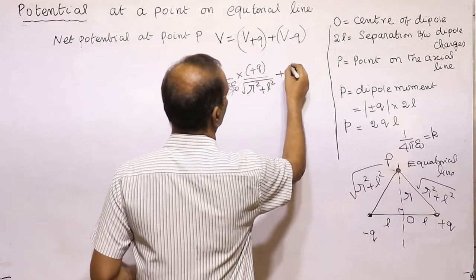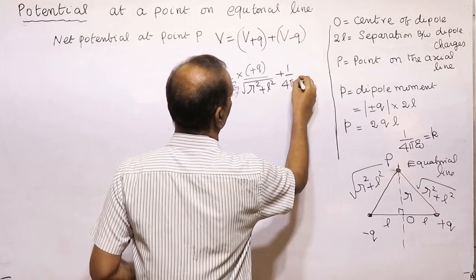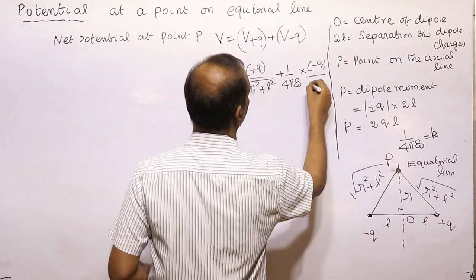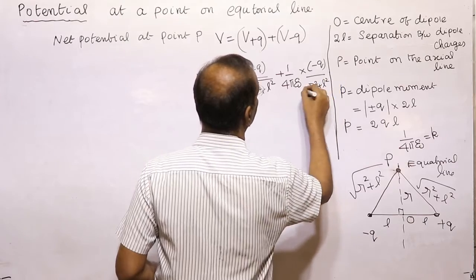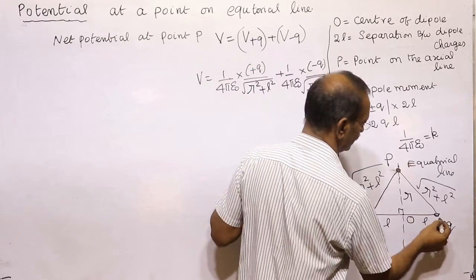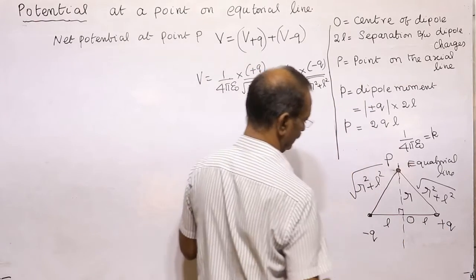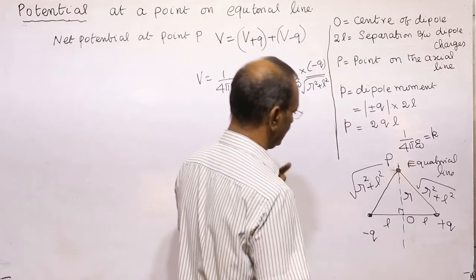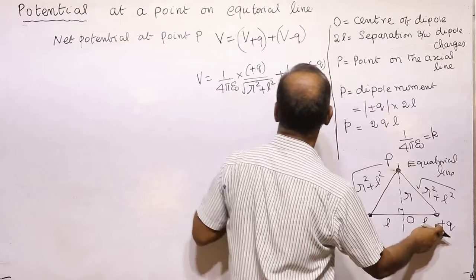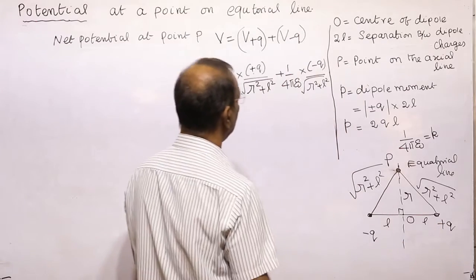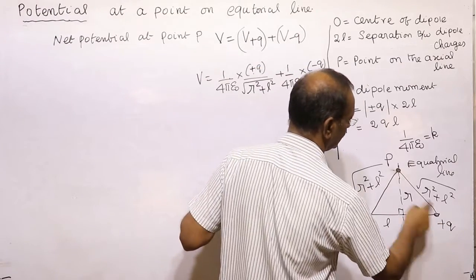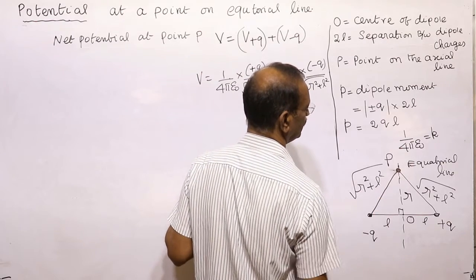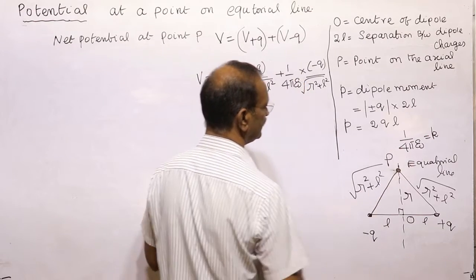Plus 1 by 4 pi epsilon naught into minus q divided by the square root of r square plus l square. That is, the potential due to each charge is 1 by 4 pi epsilon naught into the charge divided by the distance between them.